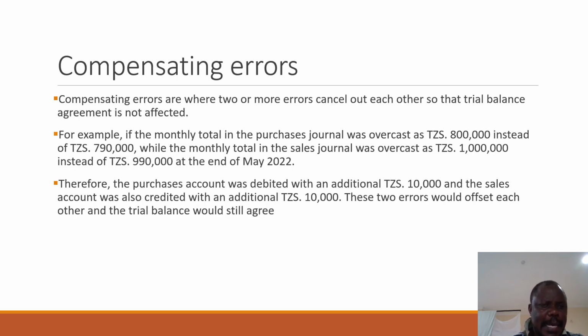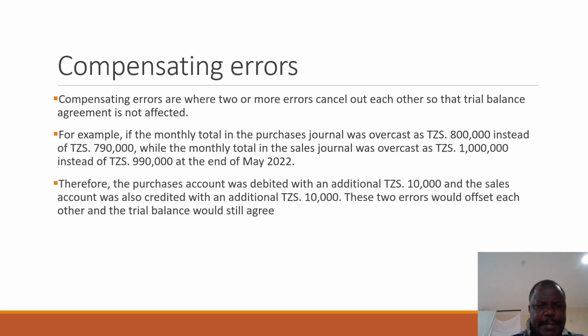Then the compensating error. Compensating errors are where two or more errors cancel each other out so that trial balance agreement is not affected. For example, if the monthly total in the purchases journal was overcast by 800 instead of 790, while the monthly total in the sales journal was overcast by 1 million instead of 990.